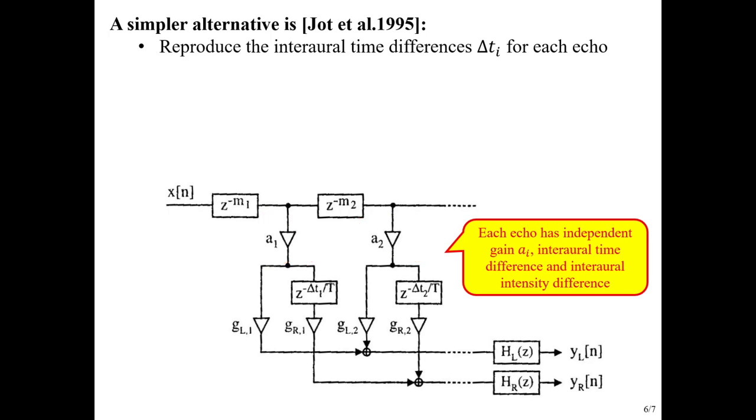That's not what they're talking about. They're talking about modeling the head-related transfer function. So what they do is they talk about a delta TI. So they just delay the left with respect to the right.